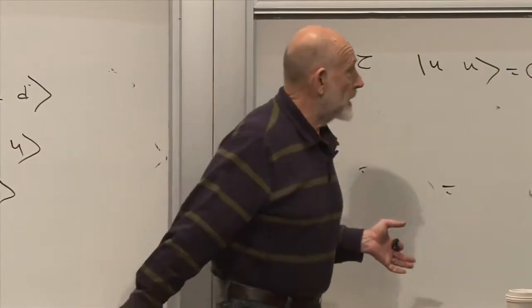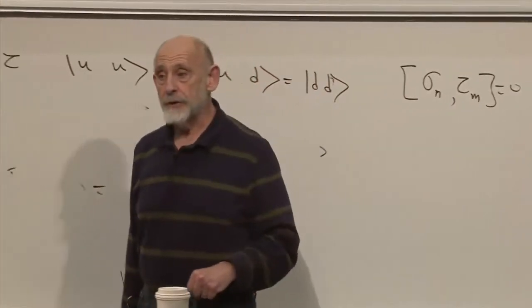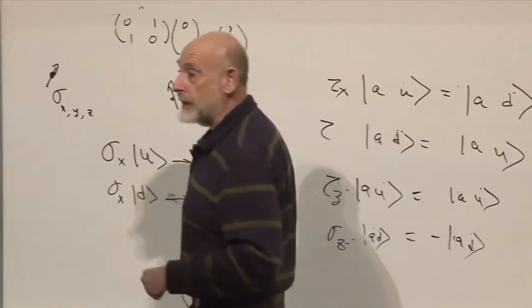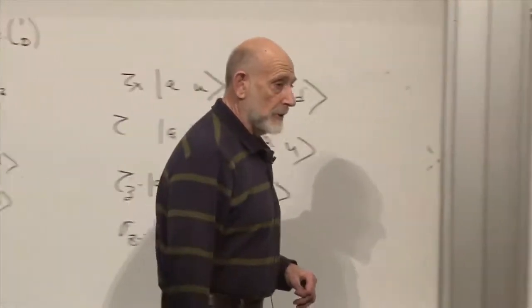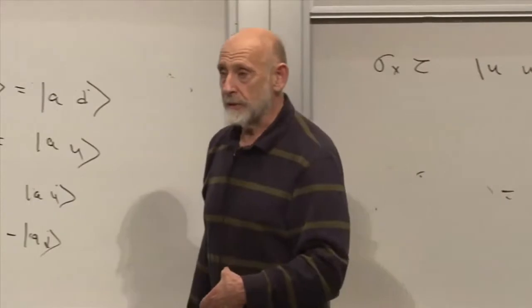And that's what this says, that measuring a sigma does not preclude measuring a tau and vice versa, for any components of them. So in that sense, they behave like independent systems. You can make any measurement on sigma and any measurement on tau.